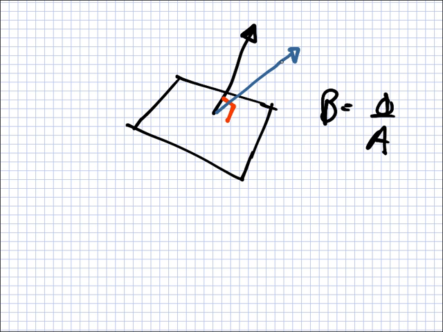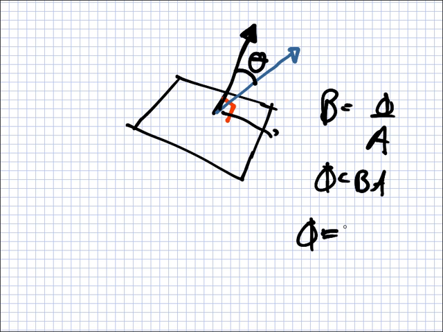What do you think you do if you want to calculate the B now? Well, no surprise, we still have to look at the component which is perpendicular. We usually measure the angle this way. Flux equals BA, and so flux would equal BA cos theta.